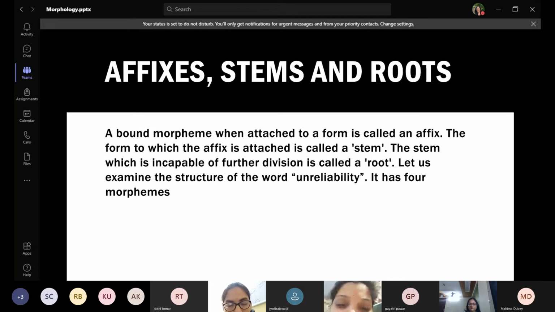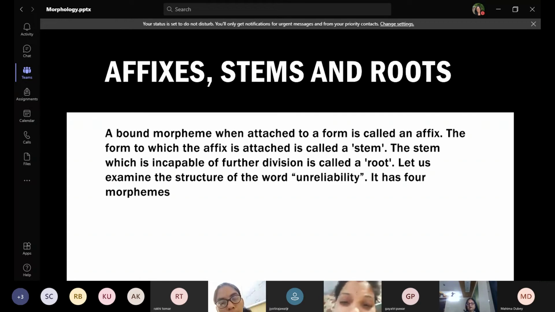Either it can be suffix or prefix, we will just call it affix. The form to which the affix is attached is stem. Right? The stem which is incapable of further division is called root.